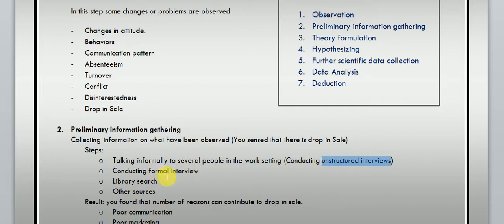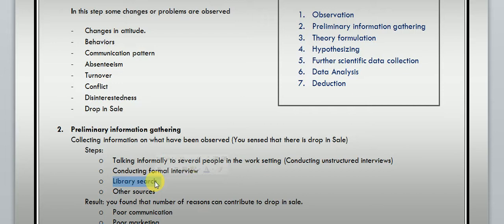Or sometimes you try to conduct some formal interview, or you just try to hold a meeting with sales managers, and individually you're asking each and everybody why there is a significant drop in sale and why it happened. So sometimes you go to library search.